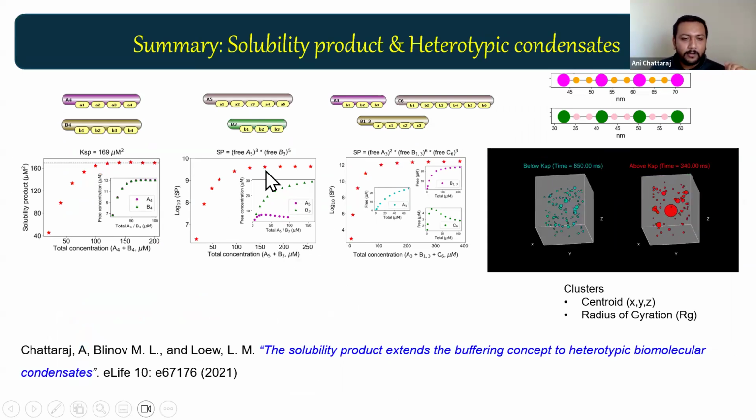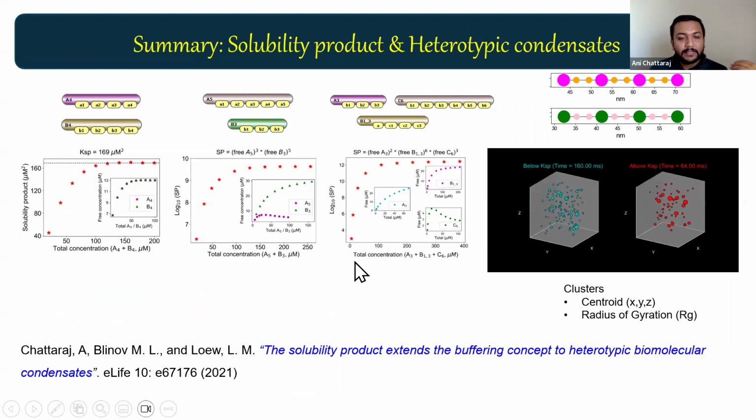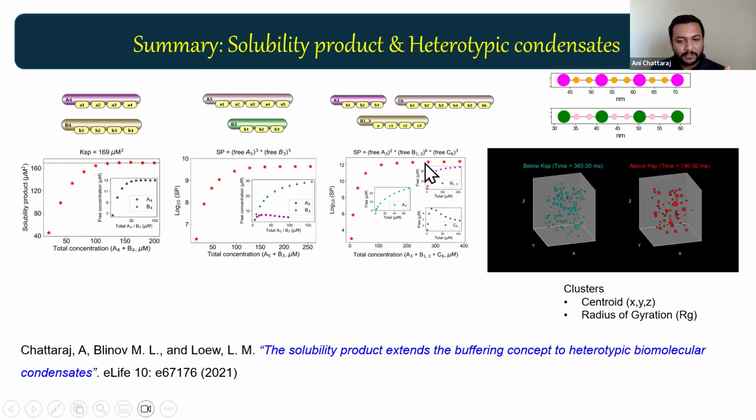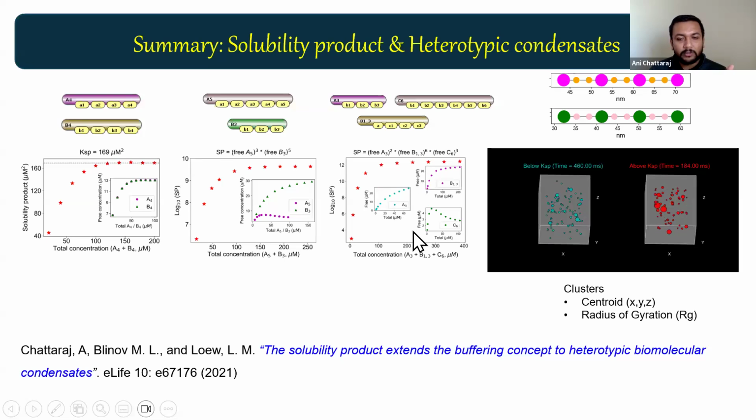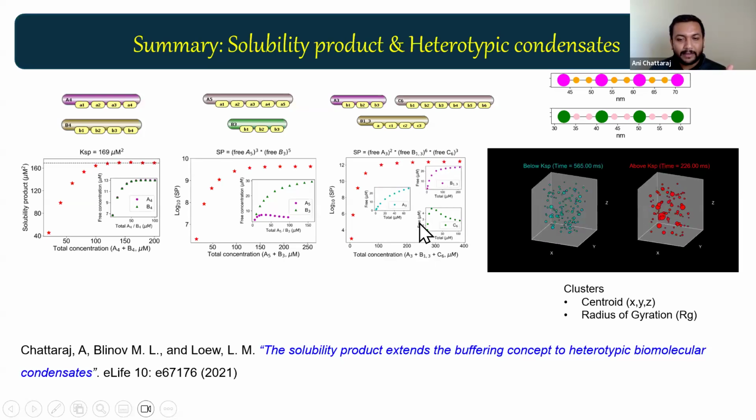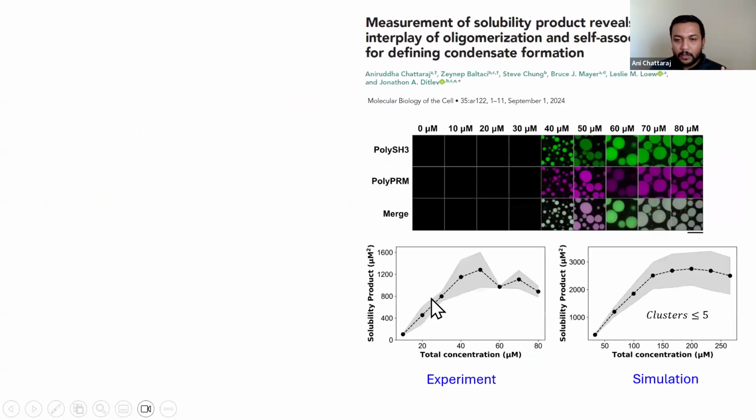We came up with a solubility-product-like parameter, which can help us think about the saturation point. When the solubility product reaches a maximum, that is the phase transition boundary, although the individual components can move all over the place.